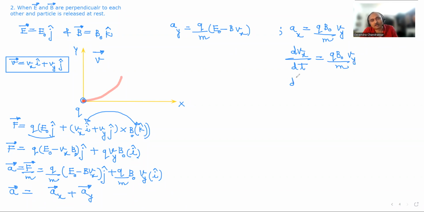Differentiate it once again. What you get is d2 vx upon dt2 is equal to q b naught by m into dvy by dt. Yes or no? Yes, sir.